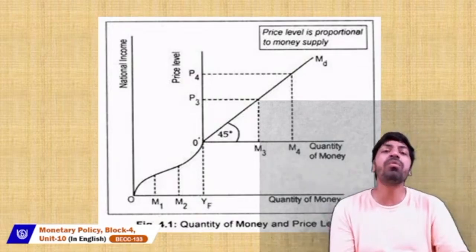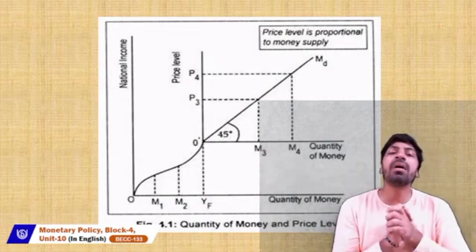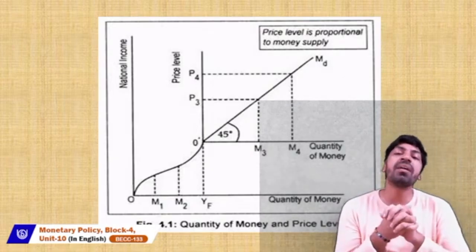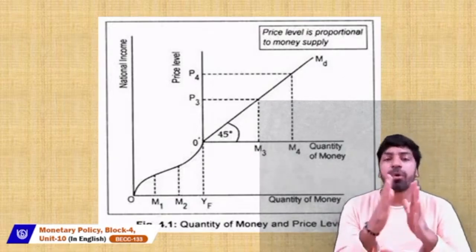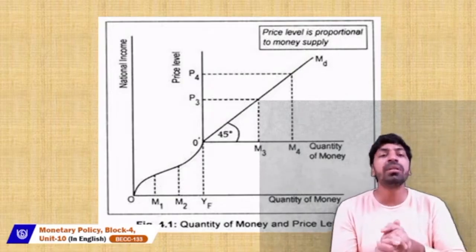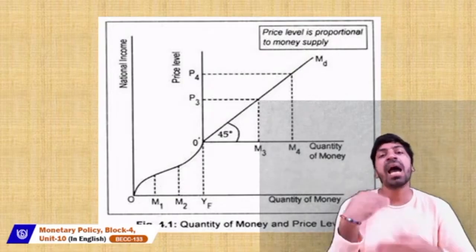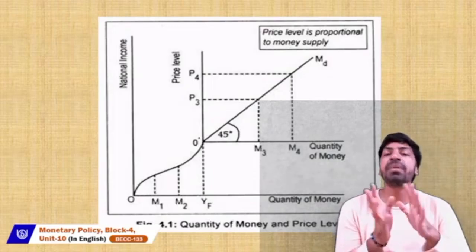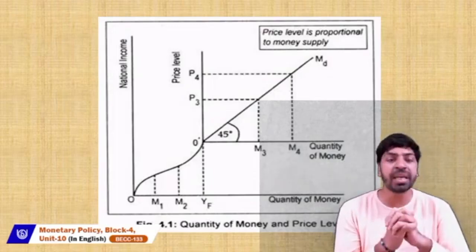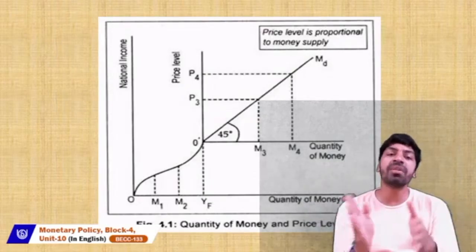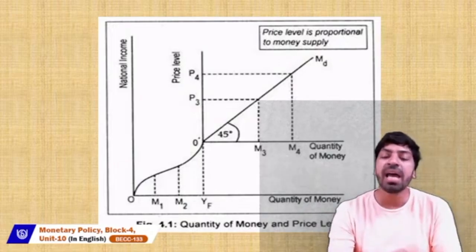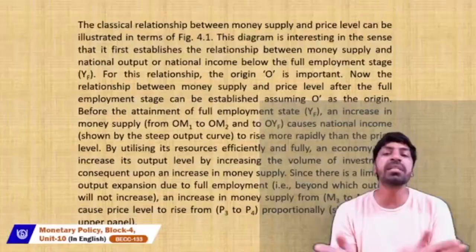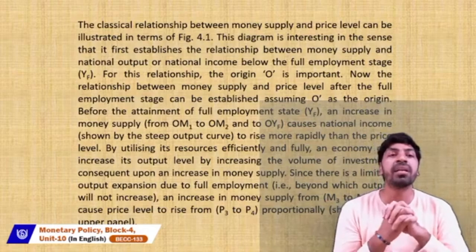So this is an overview, an interpretation of the diagram which has been portrayed in this session, and the graphical representation has been shown on the screen. This is the diagram shown over here, and this is a small explanation of it.